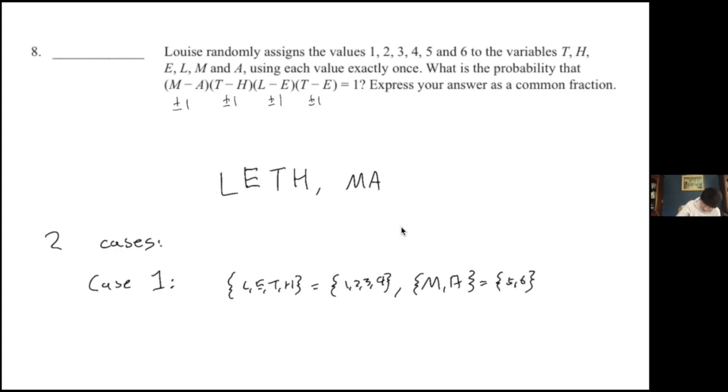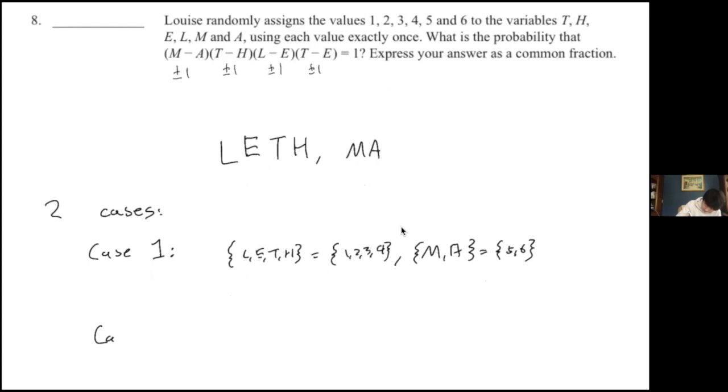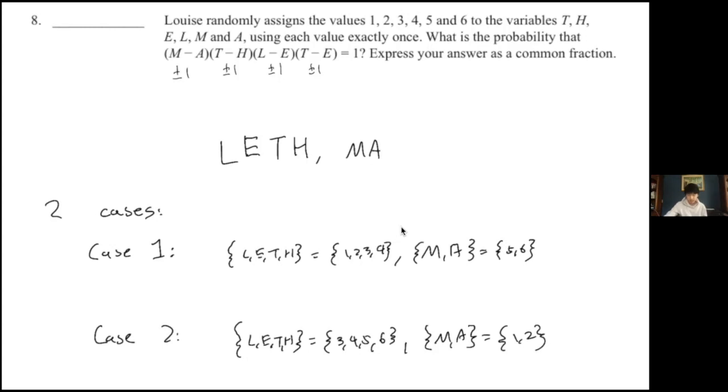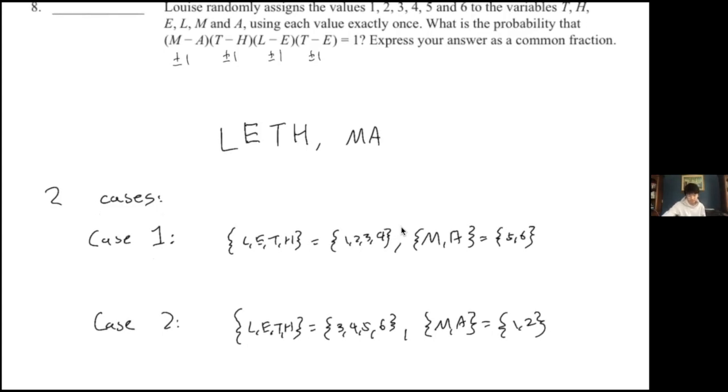And the other case is LETH make up 3, 4, 5, and 6, and MA make up 1 and 2. Those are our two cases.